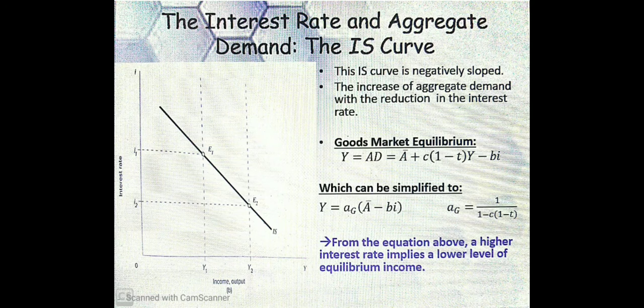So the increase of aggregate demand with the reduction in the interest rate, because of the reduction of interest rate, it became negatively sloped, and that is the goods market equilibrium condition. It's still a little bit the same, but it's different because of the interest rate being the determinant. So from the equation above, a higher interest rate implies a lower level of equilibrium income.